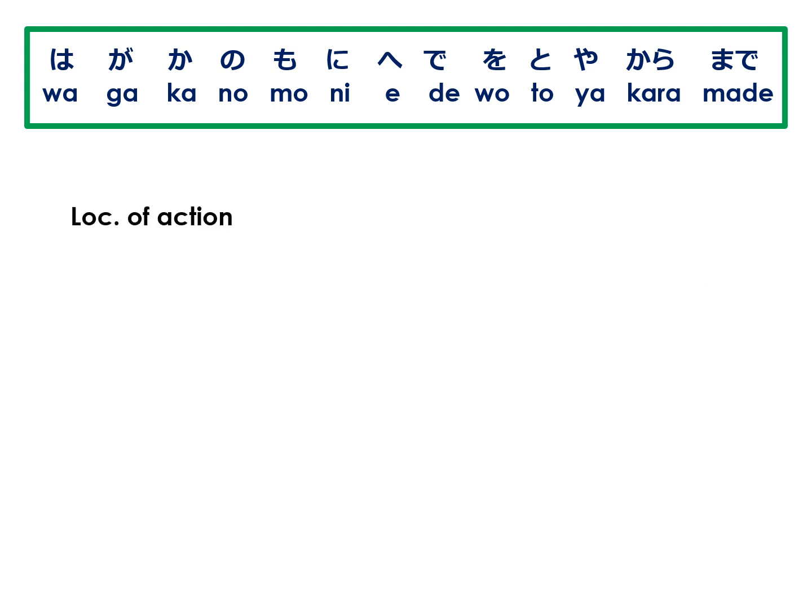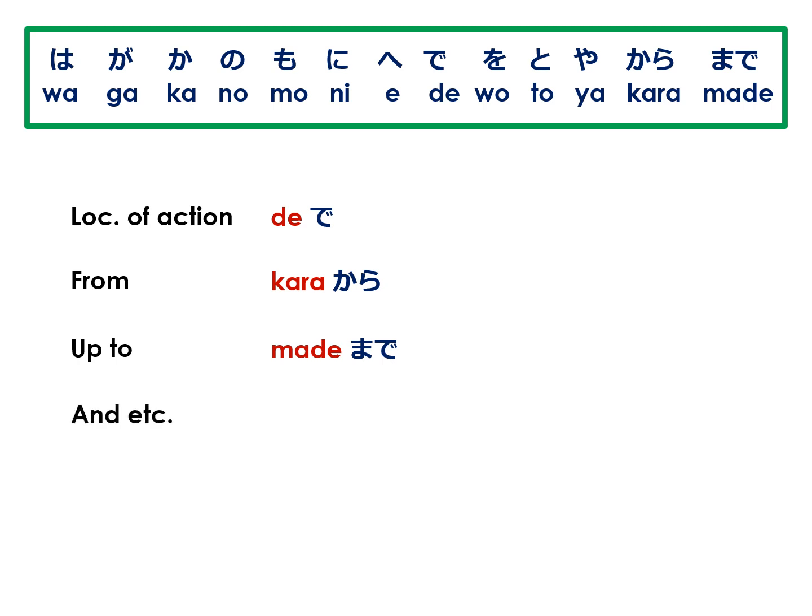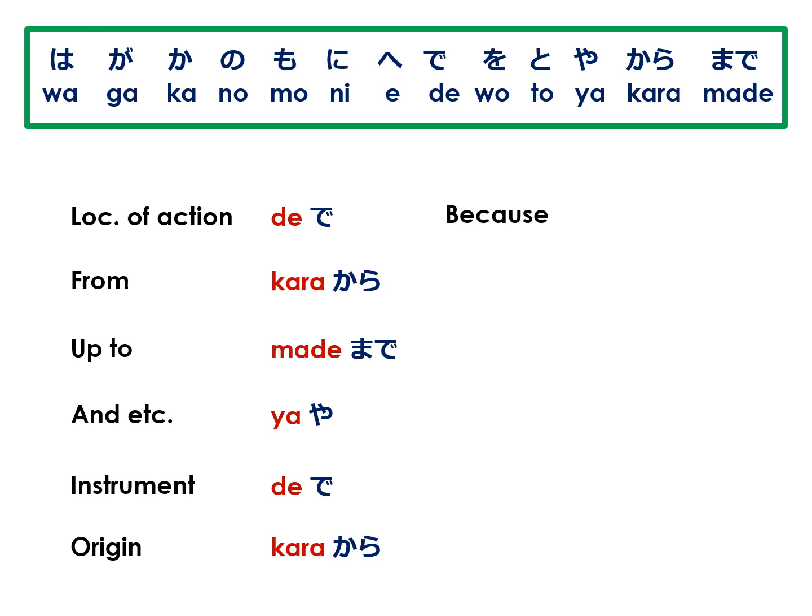Location of an action. De. From. Kara. Up to. Made. And etc. Ya. Instrument. De. Origin. Kara. Because when put after a verb. Kara.